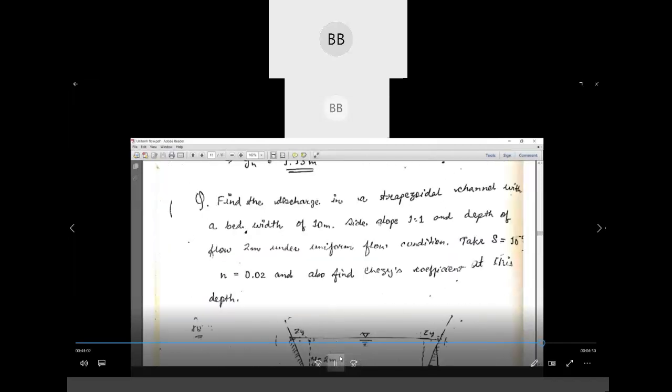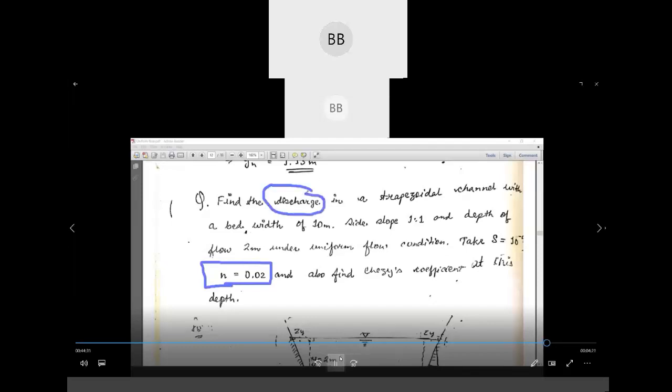Slope is also given, it's 10 to the power minus 4. Manning's n is also given, that is 0.02. So you have to use Manning's equation and you need to find out the discharge.